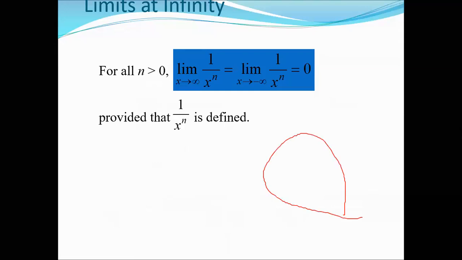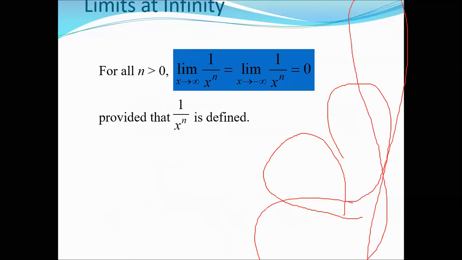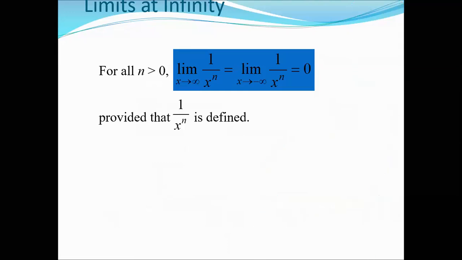Next, limits at infinity. Please do not write on the PPT. So, limit at infinity for all n greater than 0: limit x tends to infinity of 1 by x to the power n, and limit x tends to minus infinity of 1 upon x to the power n. Both are 0. Is that clear?